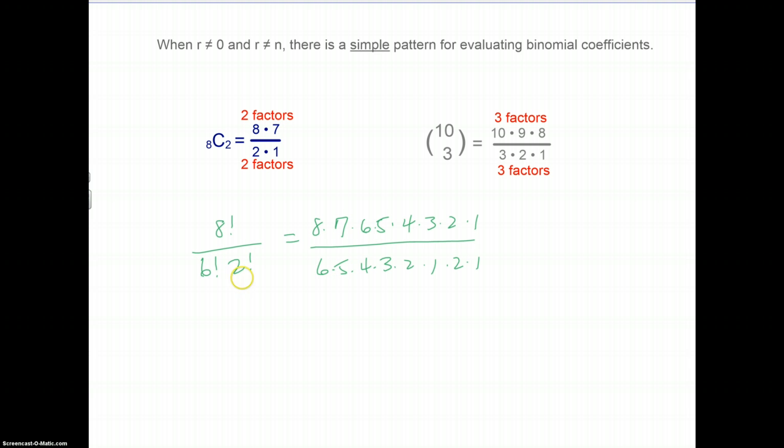Okay, the last 2 times 1 is this 2 factorial. Now this can all cancel 6, right? Just like we did before. Okay, and you're left with just 8 times 7 in the numerator and 2 times 1 in the denominator. So this is just a shortcut if you want to remember these ways of doing it. That's fine.